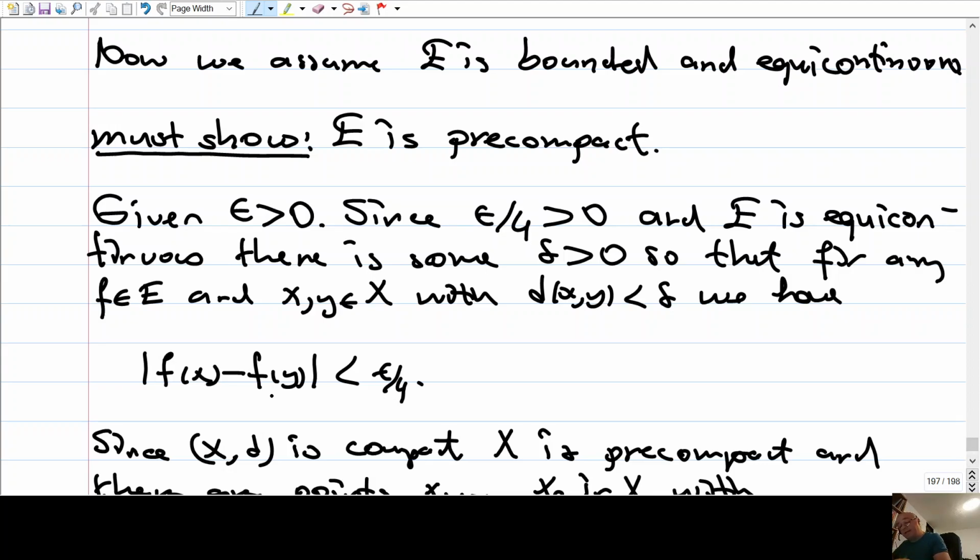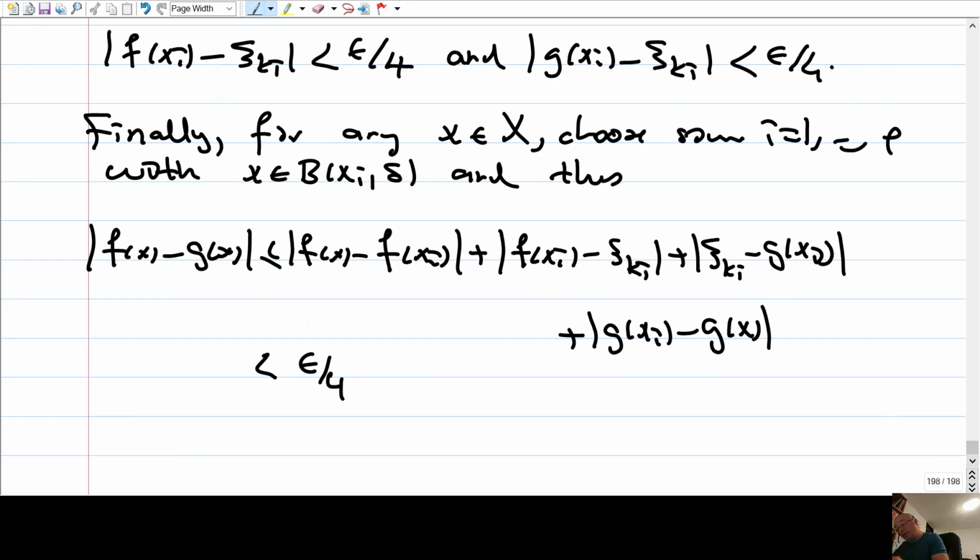And in our case, x and x_i are delta close, therefore this term is less than epsilon over 4. Similarly, this term is less than epsilon over 4. And g is also a function in E, therefore this distance is less than epsilon over 4, for the same reason.